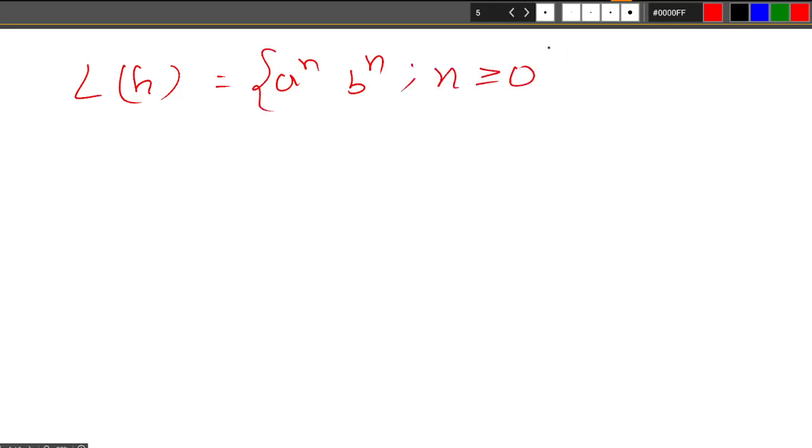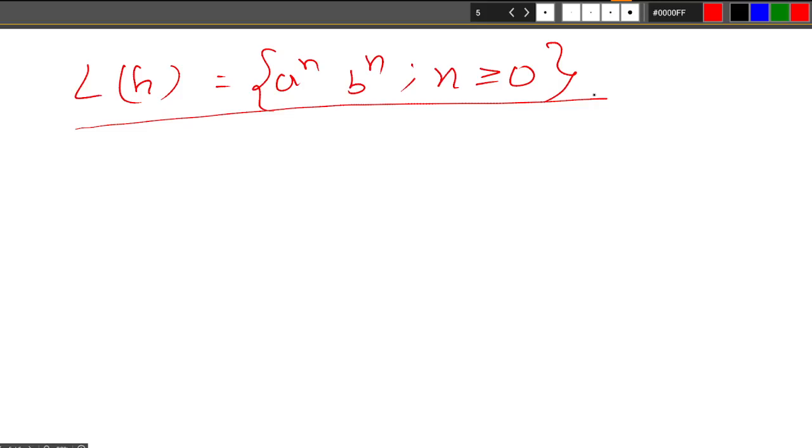Given the grammar, you already know whether a grammar is a regular grammar or not. So let us see a to the power n, b to the power n, where n is greater than or equal to 0. This is a language; I am not showing any grammar.